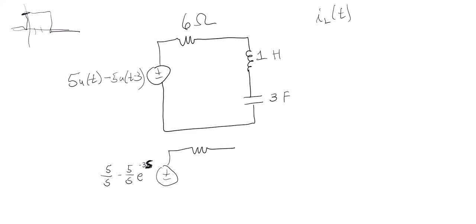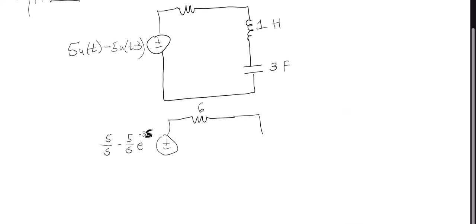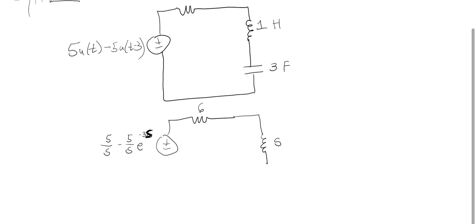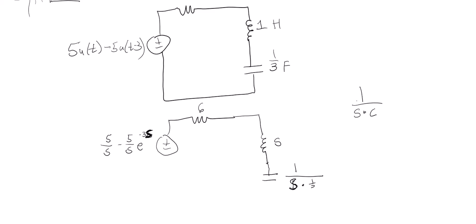The resistor stays a resistor. The inductor becomes LS. L is just 1, so this is S. The capacitor becomes, I changed my mind for those who left, I want this to be 1/3 F. The capacitor becomes 1 over S times C. So this becomes 1 over S times 1/3.